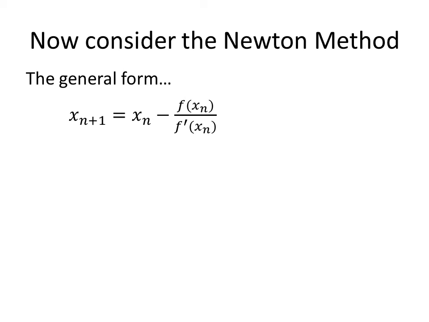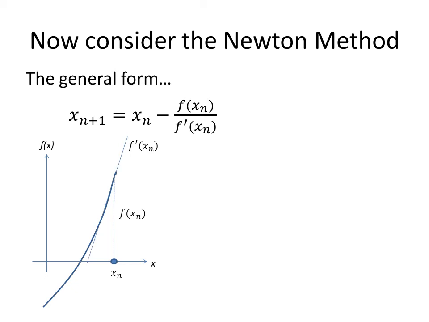So let me explain this graphically. If we have some function that's going to cross our x-axis, what we want is to know the value of x where it's crossing the x-axis. How we get to it is we make some initial guess at the root, and then we use the value of the function at that x and the slope that we can calculate at that value of x of n, and then we slide the slope back to the x-axis and use that new value of x of n as our next guess at the root.